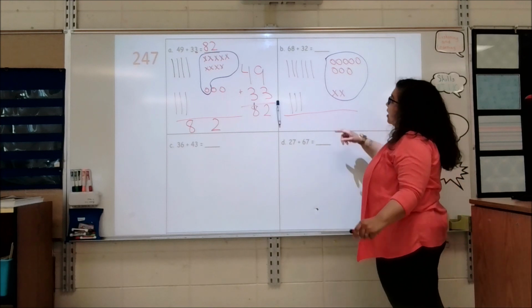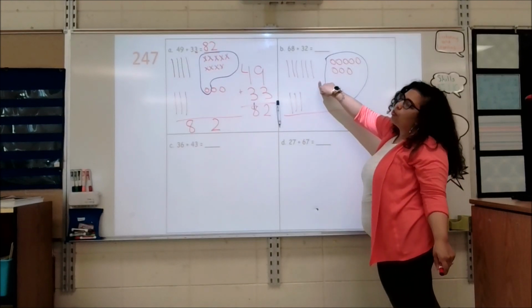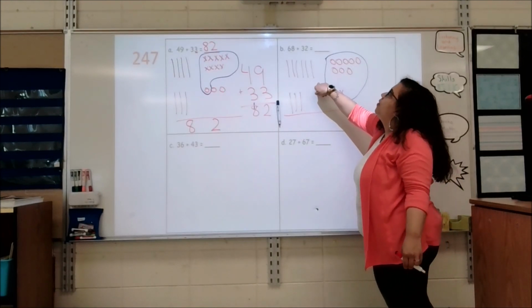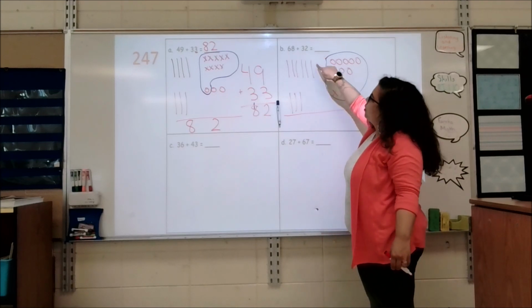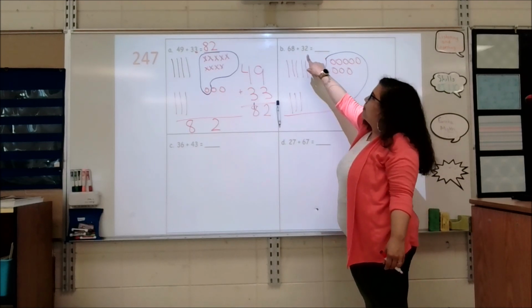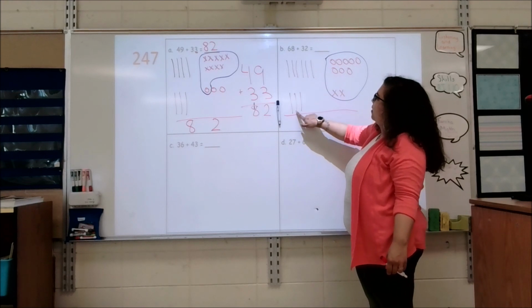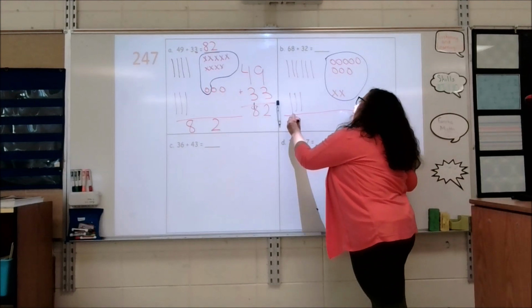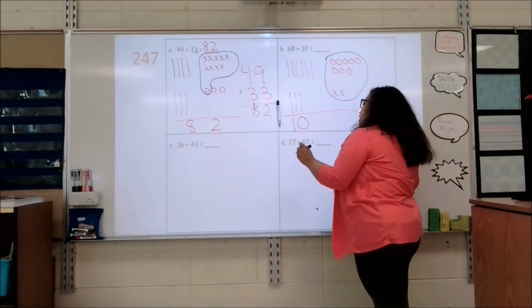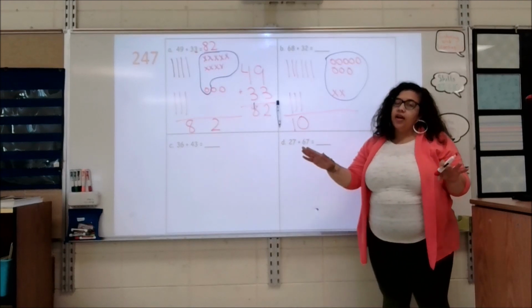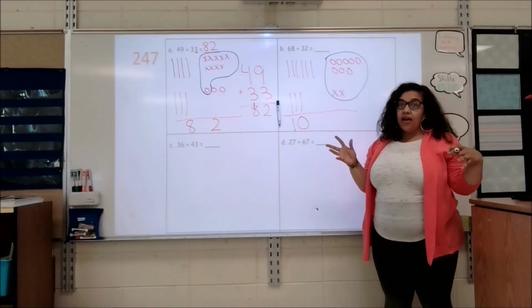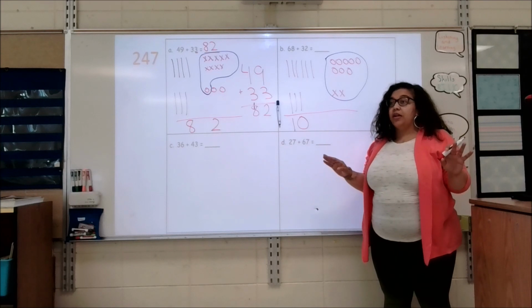So let's count the 10s. 6. We're not going to count those individually. We know this is 6 because we drew to match the numbers. We drew to match the writing. 6, 7, 8, 9, 10. So we now have 10 groups of 10. Technically, yes, that is 100 and 0 10s. However, we are not working in the hundreds place, so it's 10 10s.